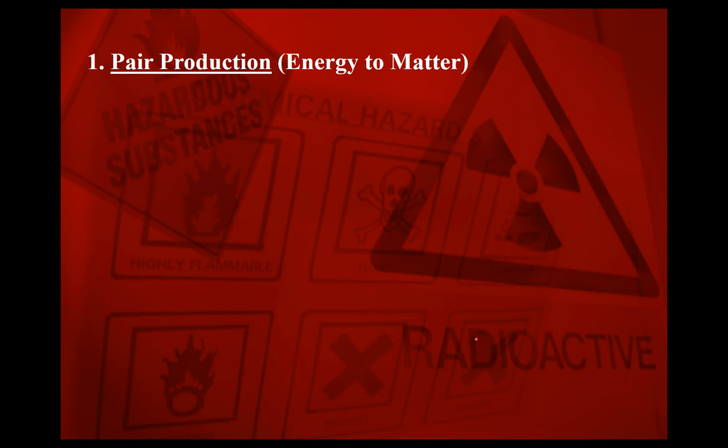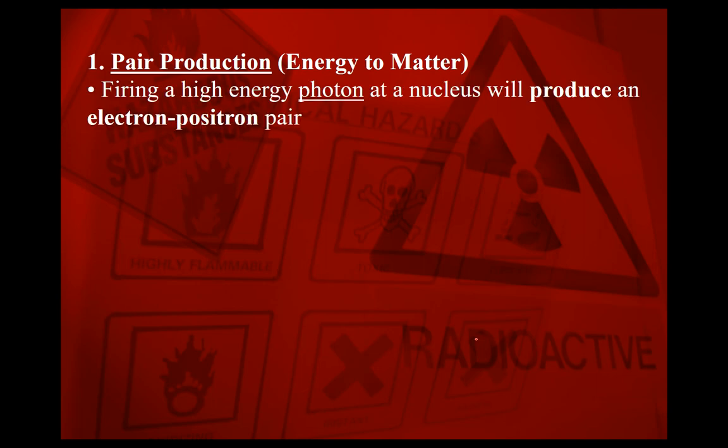But let's give a more specific example of how we can produce this. How could you actually take energy and get matter out of it? One thing you can do is take a high energy photon, which would be a gamma ray photon, at the top end of our electromagnetic spectrum. So your probe particle would actually be a photon, and we fire that probe particle at a target nucleus.